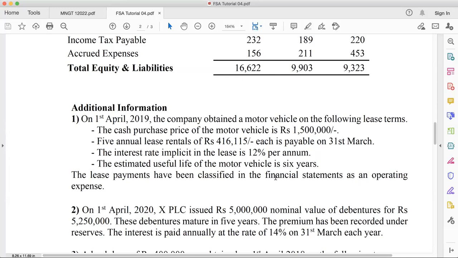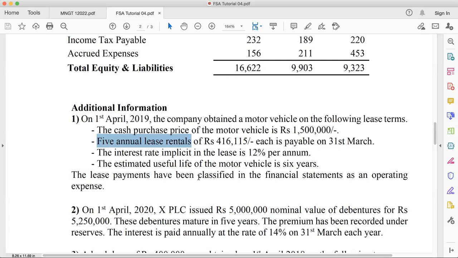Estimated useful life is 6 years, but the lease period is 5 years. You have to pay 5 annual lease rentals of 416,000.